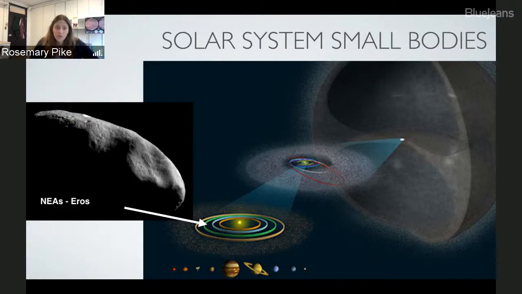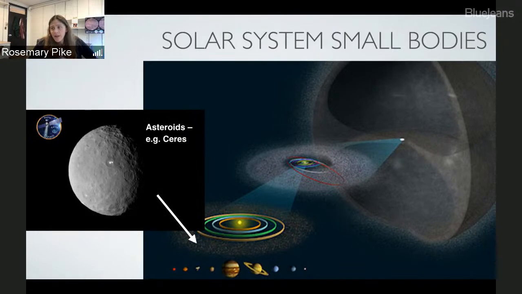Part of my job at the Minor Planet Center is to help compute orbits for the people who find all of these possible near-Earth asteroids. As we move outward, we have the asteroid belt, including dwarf planets such as Ceres. This is a pretty large population, which is pretty collisionally evolved due to various giant planet scattering.